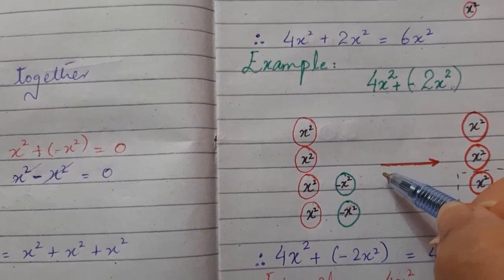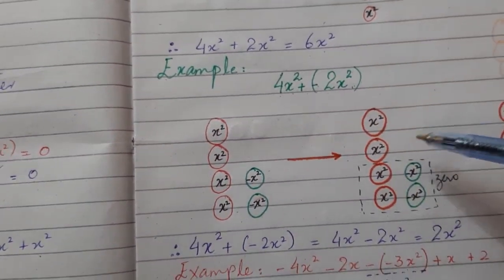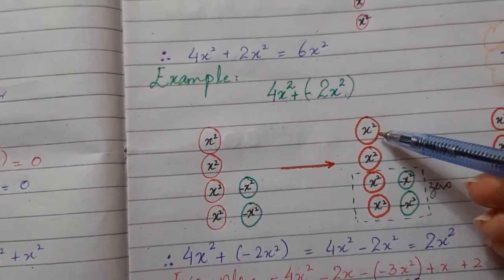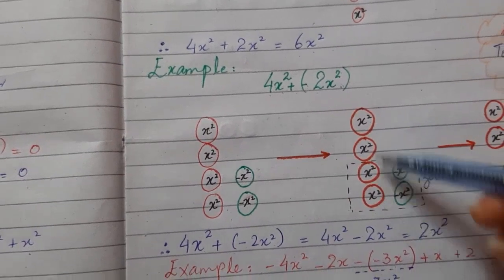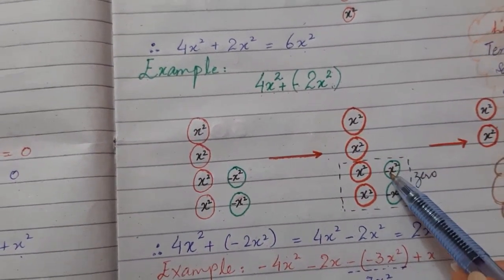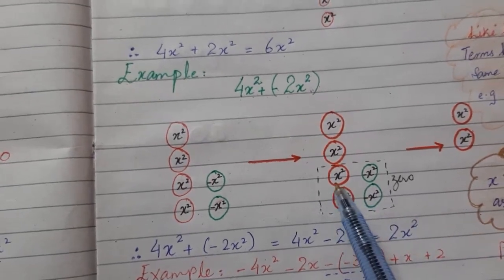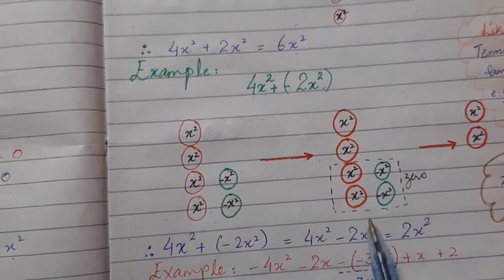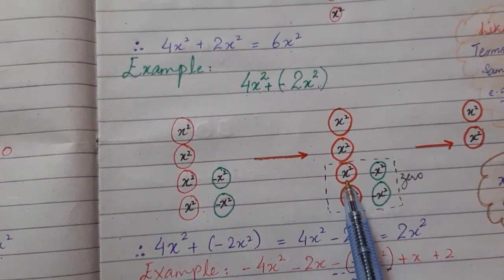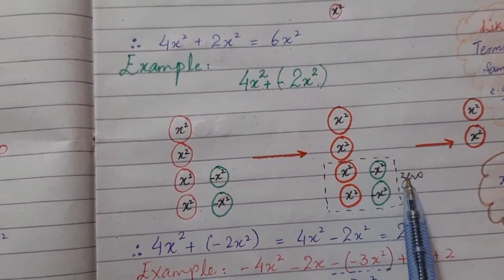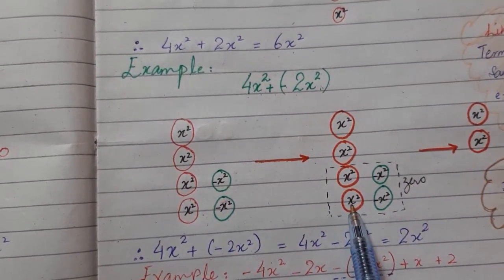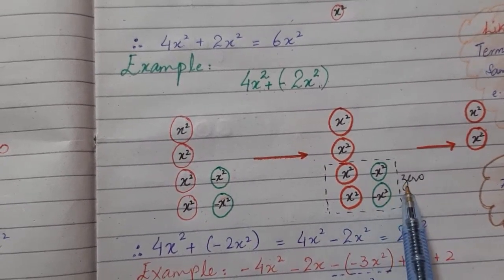After drawing it, you are going to gather the terms. For x square, you have 4 discs, and for minus x square, you have 2 discs. Group the like discs. As I have told you on my previous page, when you are going to group x square with minus x square, you will get 0. Similarly, for this x square minus x square, you will get 0.